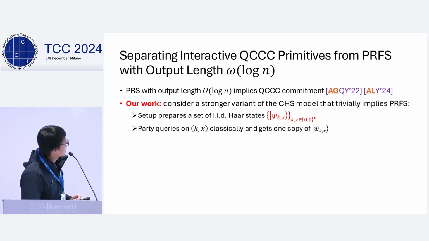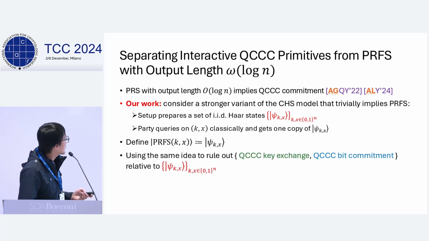So now, the setup instead prepares a set of IID hard states indexed by a key k and input x. So whenever the party queries on k, x, you will get one copy of the state psi k,x. So this gives a natural output for the PRFS. And we can use the same idea and LOCC hard indistinguishability to rule out QCCC key agreement and commitment relative to these hard states.